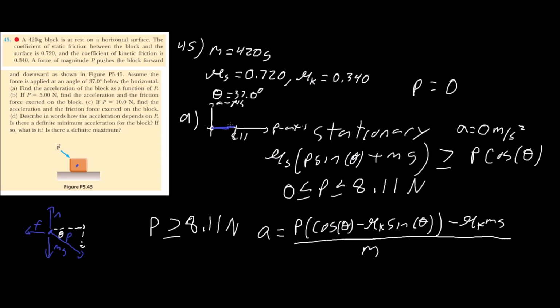Anything greater than that, you're going to have a completely different friction. It's going to be a straight line with a positive slope, with the y-intercept of that.